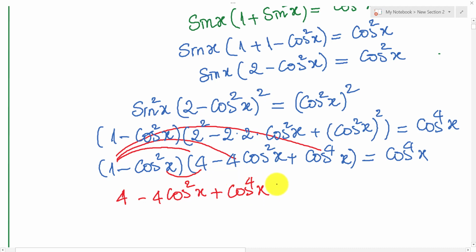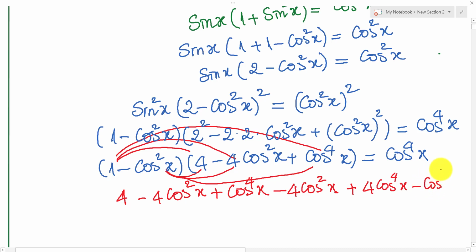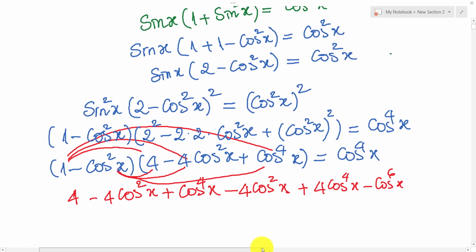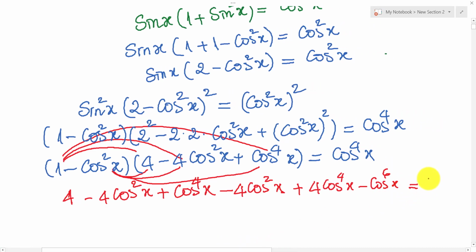And then we get minus 4 cosine square of x, and plus 4 cosine power 4 of x, and then minus cosine power 6 of x, and this equals cosine power 4 of x.